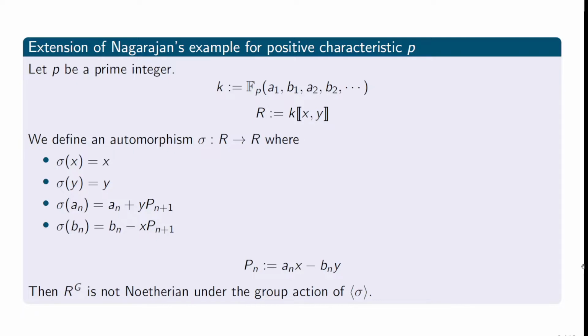To present the general version, we take the field to be the field of fractions of infinitely many variables, labeled a1, b1, a2, b2, and so on, taken over Z mod p, so integers mod p. This is going to be a field, since a field of fractions is always a field.